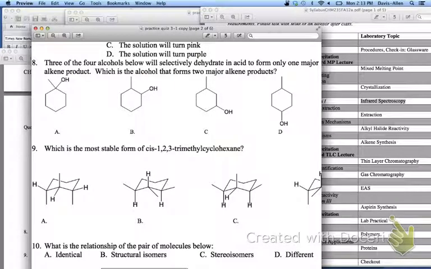Yes. Okay. Which means what? What is Zaitsev's rule? You form the most stable double bond. What makes a double bond more or less stable?